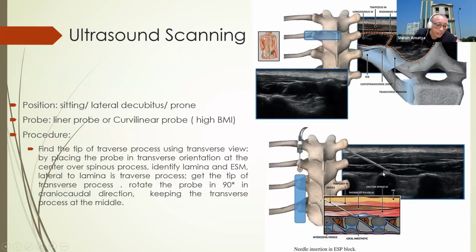In this area, we have to flood with 20 to 30 cc of low concentration local anesthetic agent, which will block a wider area of the desired area that needs to be blocked. So this is one of the techniques to perform the erector spinae plane block.